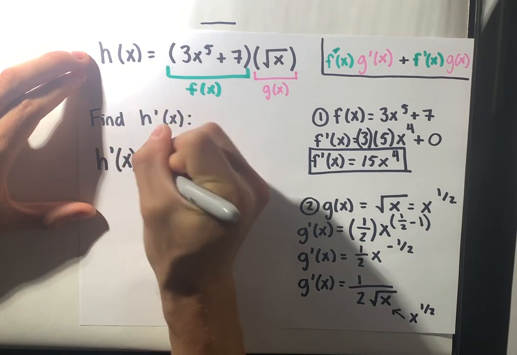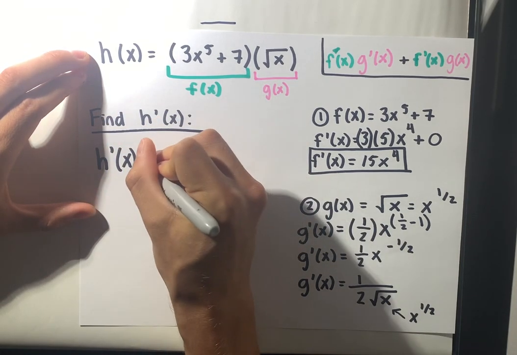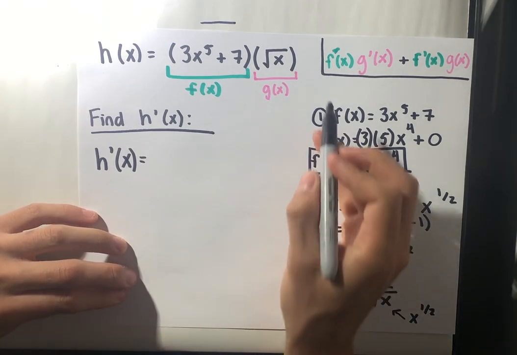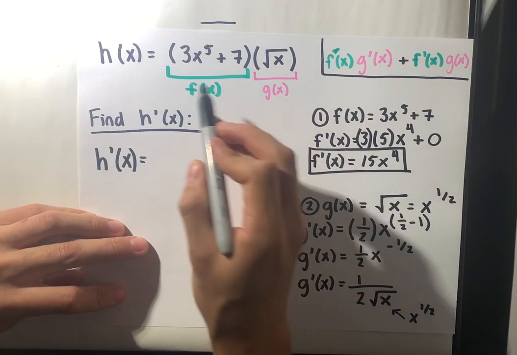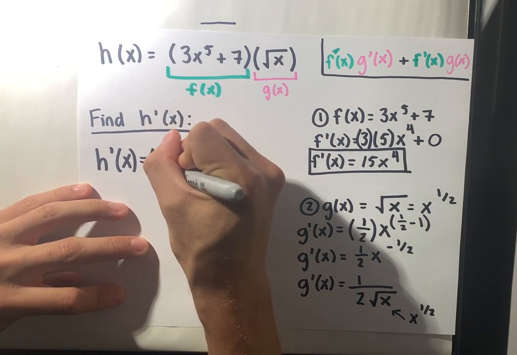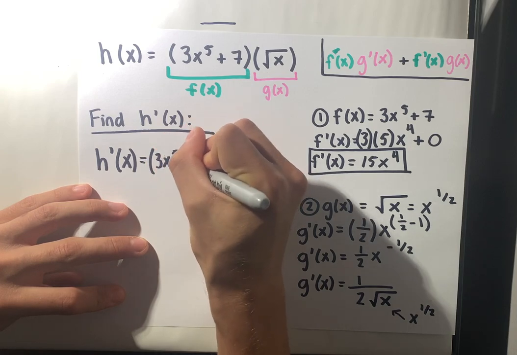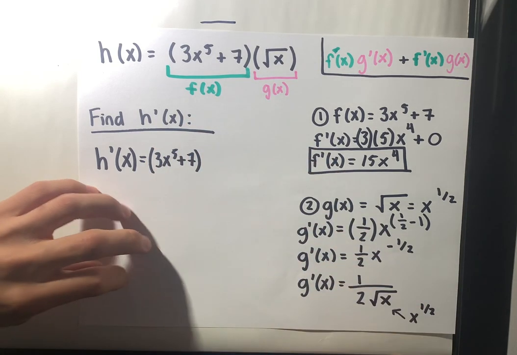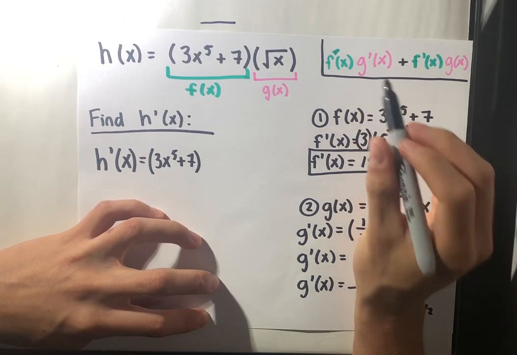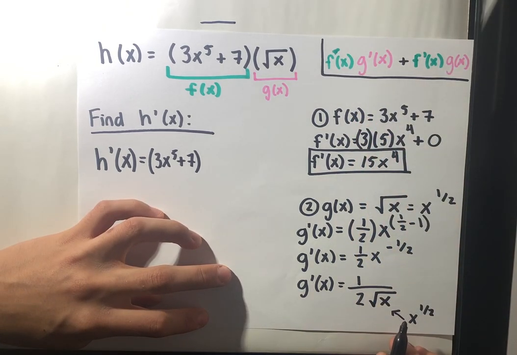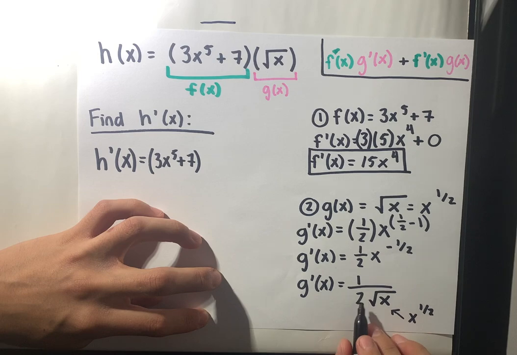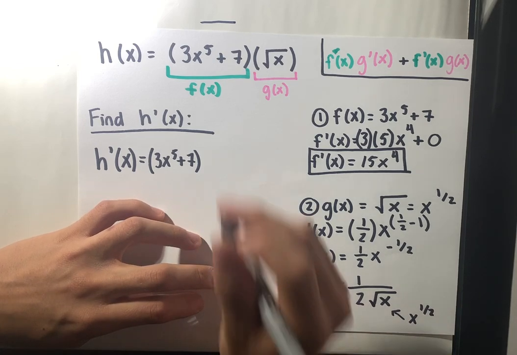So we're going to do h prime of x is equal to the original first function, which is 3x to the power of 5 plus 7. Multiply that by the derivative of the second function, which is 1 over 2 square root x.